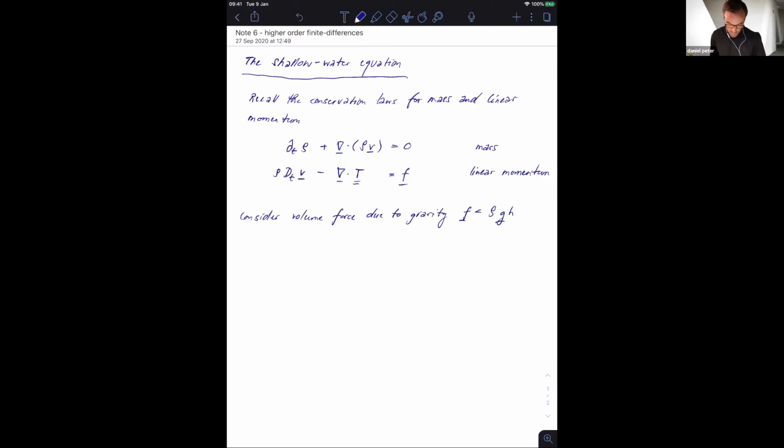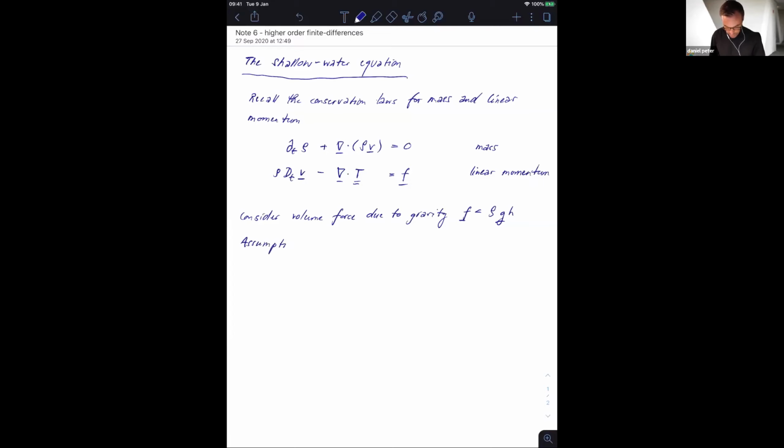Now, we have to make two assumptions. One assumption is that we're dealing with an incompressible fluid. And so for the velocity field v, the divergence of it vanishes. That means it's incompressible.